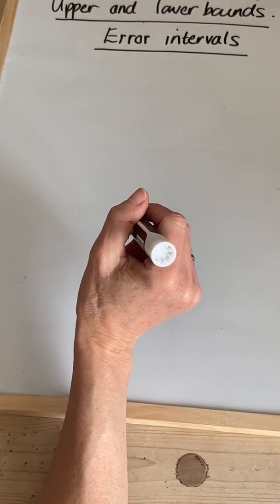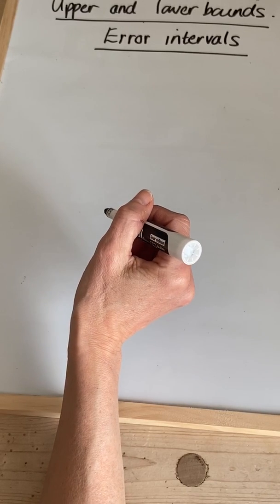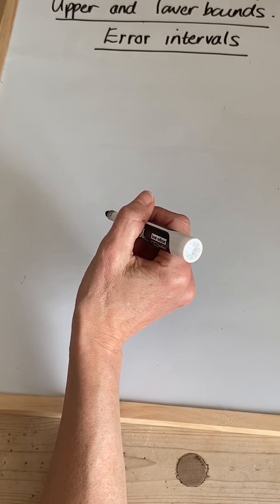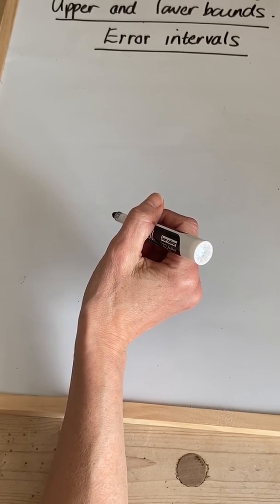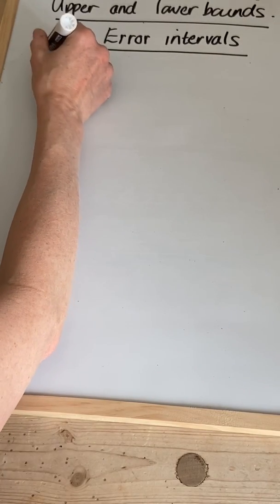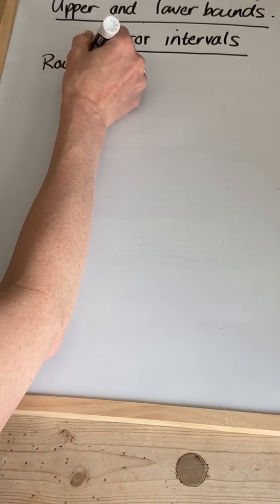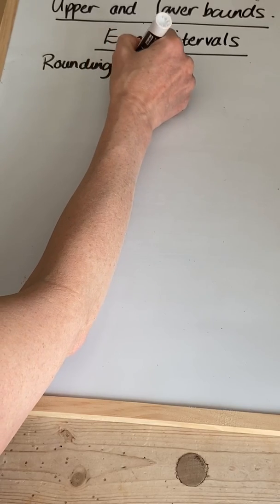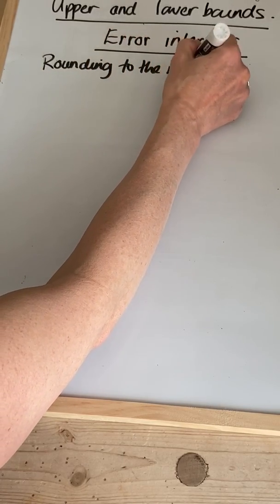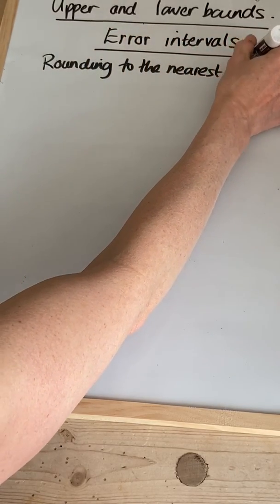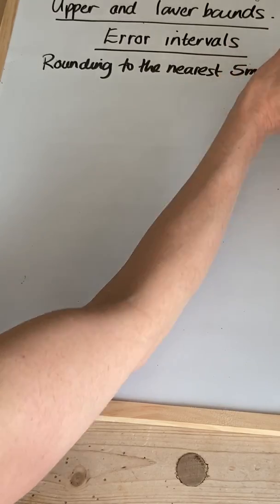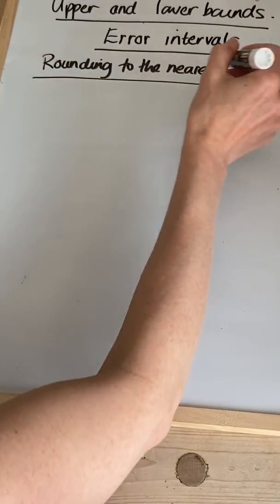So we'll have a look at a few examples, all rounding to the nearest 5 millimeters.